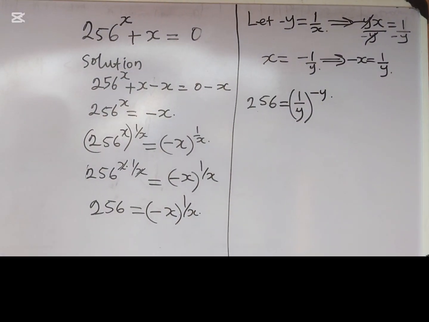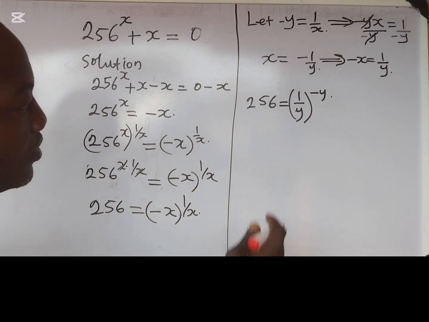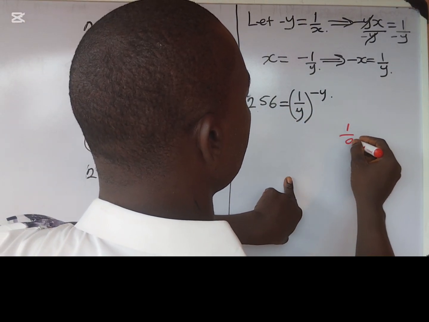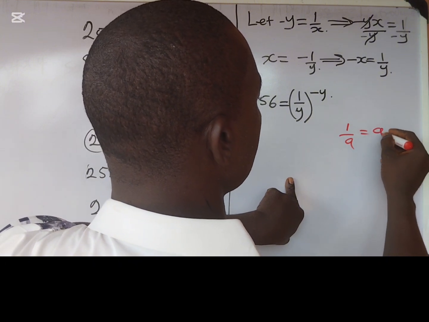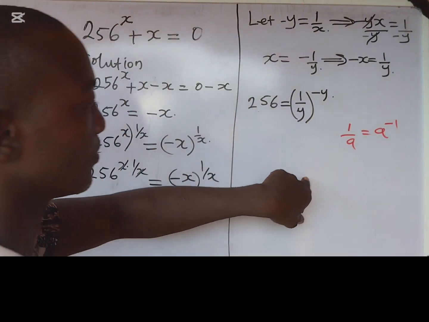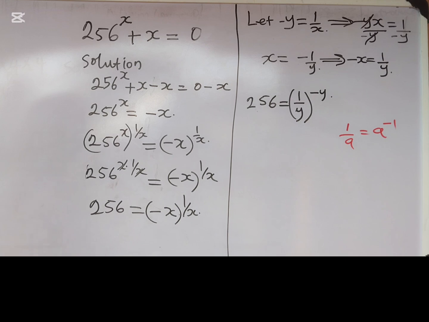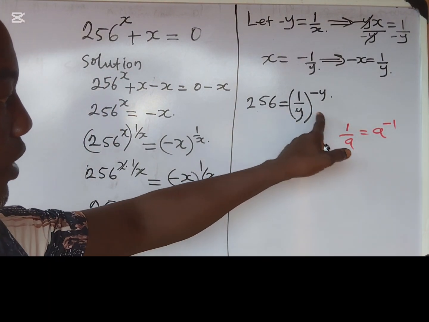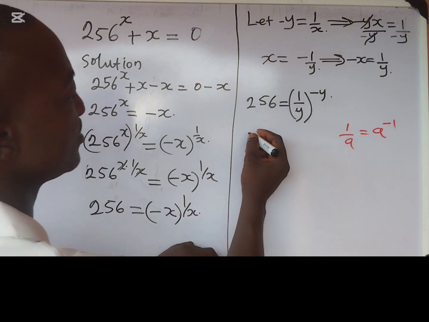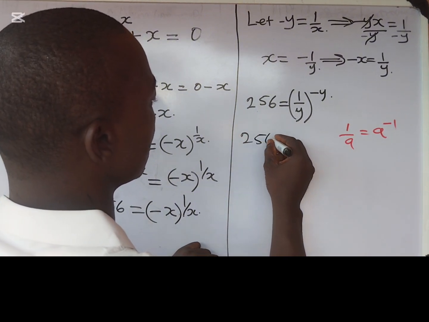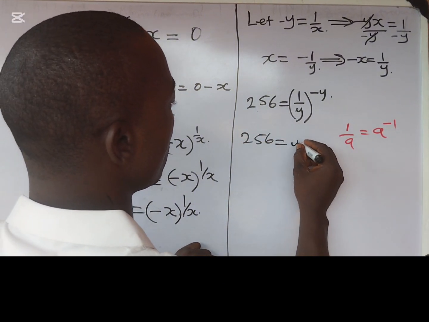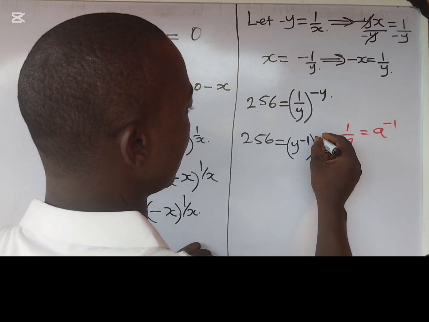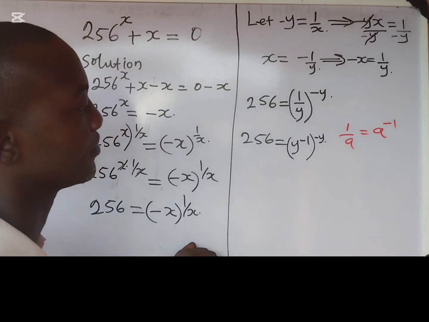Having gotten to this point, we'll see what we can do from here. In indices, 1 over a is the same as a raised to the power of minus 1. So we're going to apply this here. In applying it, 256 will be equal to y raised to the power of minus 1, all raised to the power of minus y.